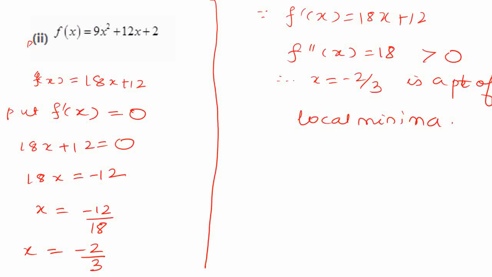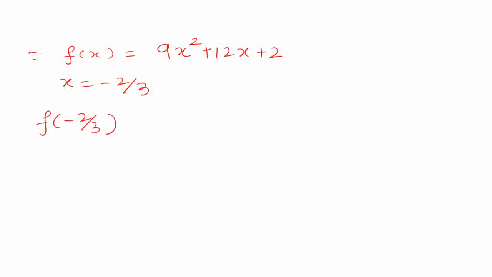Now we have to find minimum value of the function. So since function is 9x square plus 12x plus 2, x we got minus 2 by 3. So we will substitute f of minus 2 by 3, 9 times (minus 2 by 3) square plus 12 times (minus 2 by 3) plus 2.